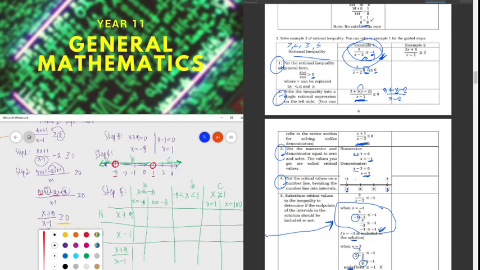Let's start substituting. So -3, if we substitute here, -3 plus 3, that is 0. Next, -8. -8 plus 3 is still negative. Next, what's our value here, by the way? Okay, let me try x equals 0.